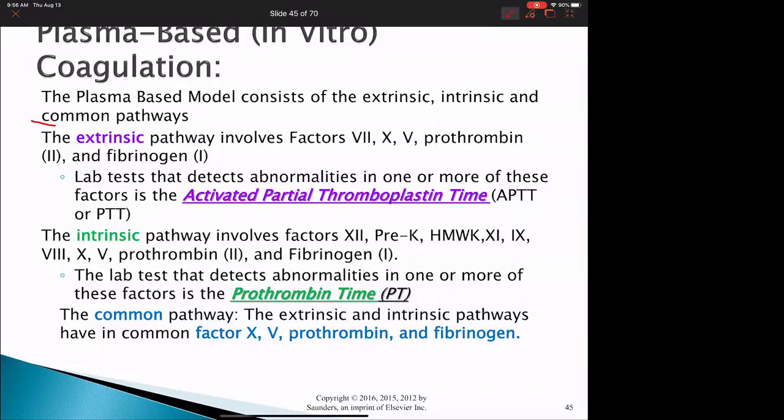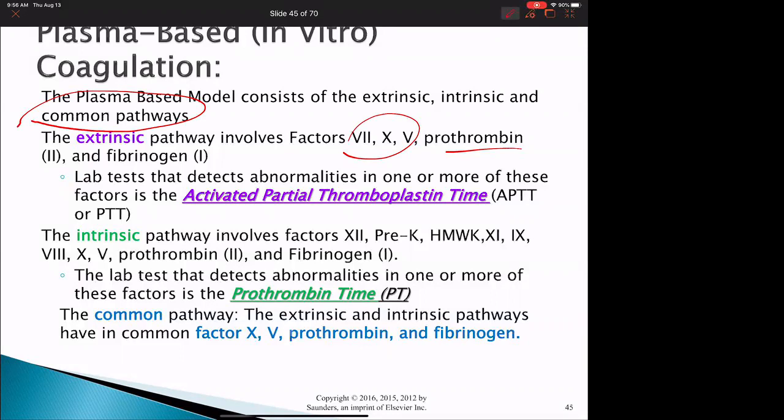So this is one pathway that I didn't mention yet, but we're gonna talk about that. So the extrinsic, whatever you saw on the left side of your screen, involves factor 7, factor 10, factor 5, prothrombin, which is factor 2, and fibrinogen, right?